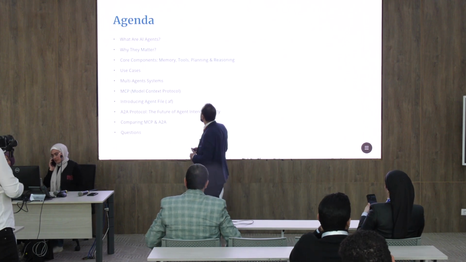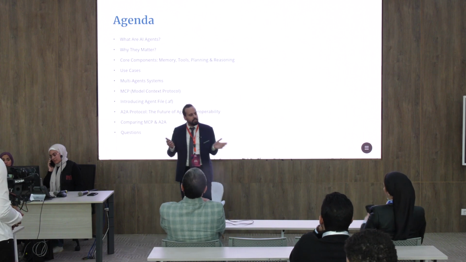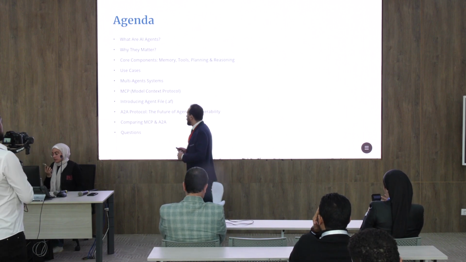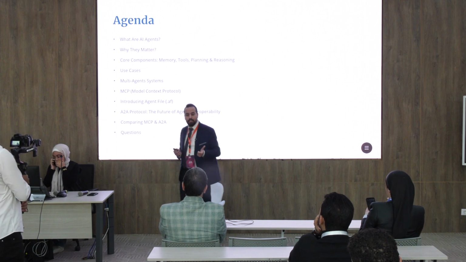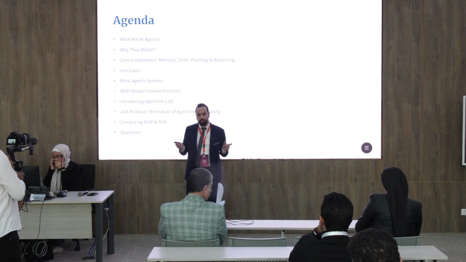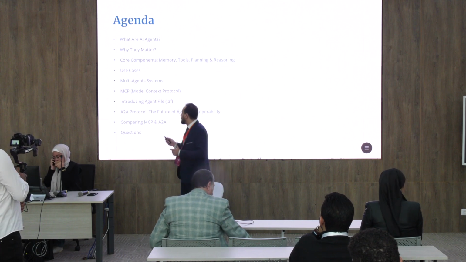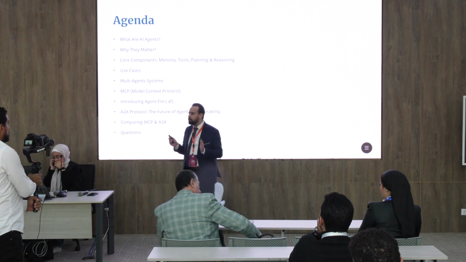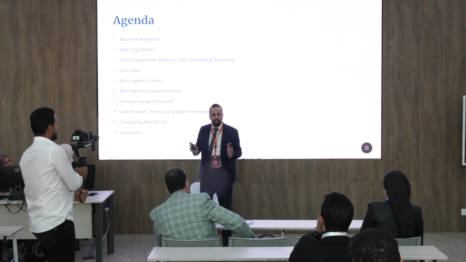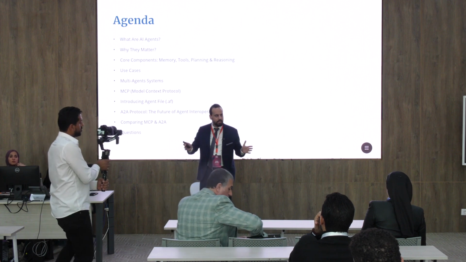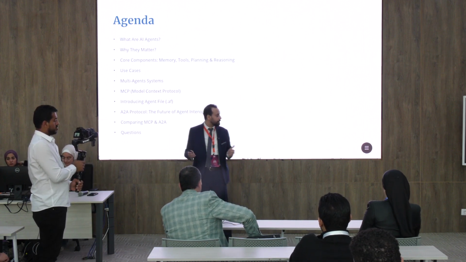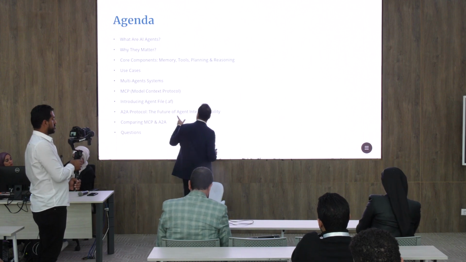After that, we will talk about what are the main components within an AI agent. And also, we will talk about some use cases, what are multi-AI agents. And after that, that is the interesting part for me, is how to give the agents tools and arms and wings to do all sorts of stuff. That is where MCP comes.